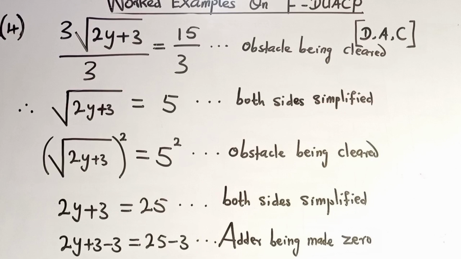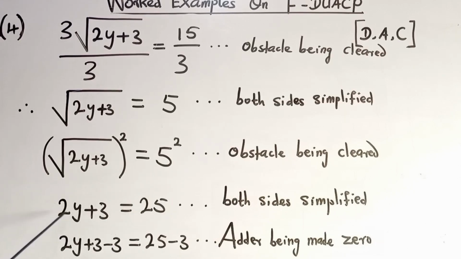Recall, we removed obstacle minus 4. Then, the next obstacle was this 3 as coefficient. The third obstacle is removing this square root. Now at this point, we have removed 3 obstacles that have been making it difficult and even impracticable for us to remove this adder and make it become 0.